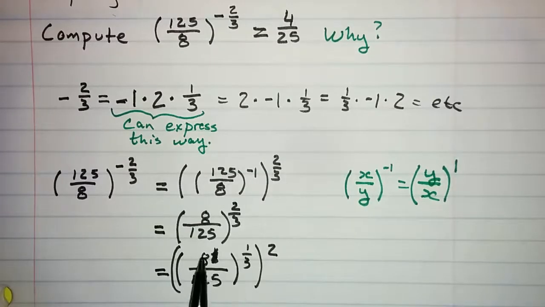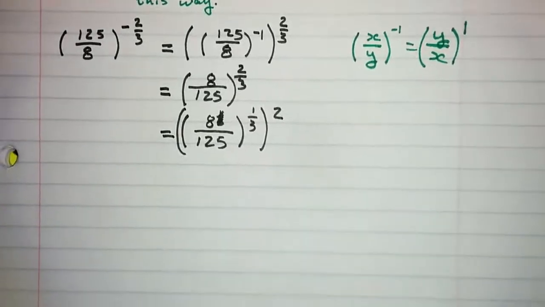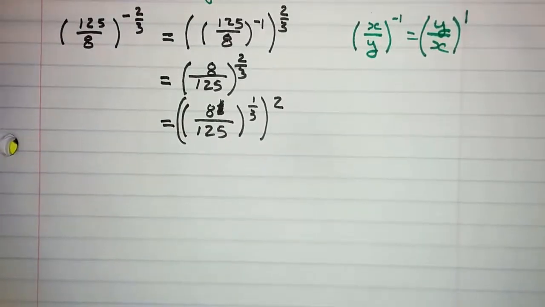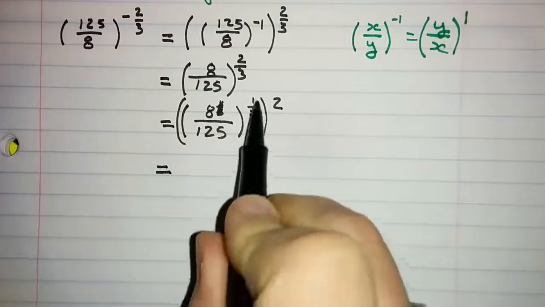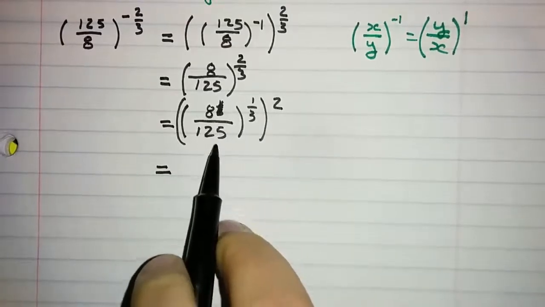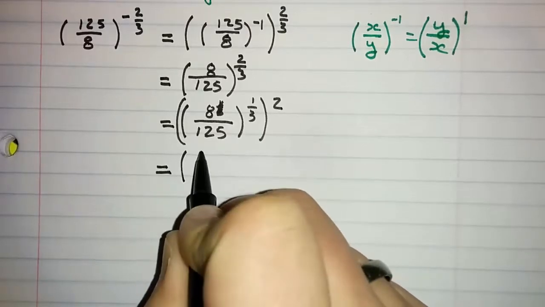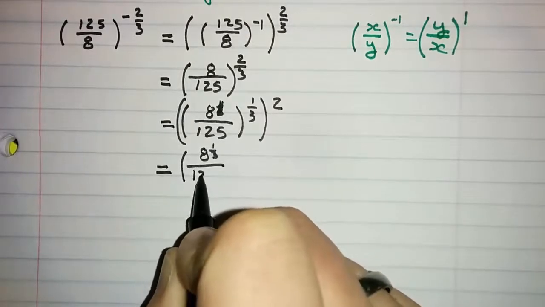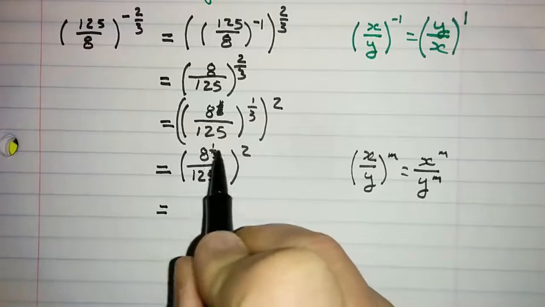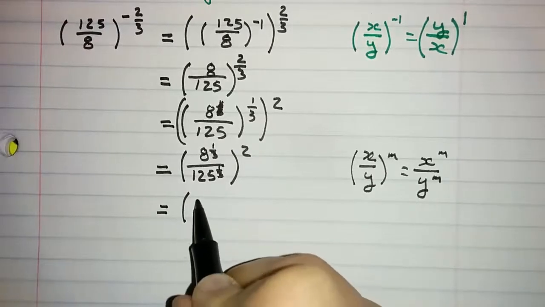And I'd really like to take the cube roots of the numerator and denominator separately. Fortunately, I'm allowed to do that, right? Because I have this rule about power of a fraction is power of the numerator, power of the denominator.